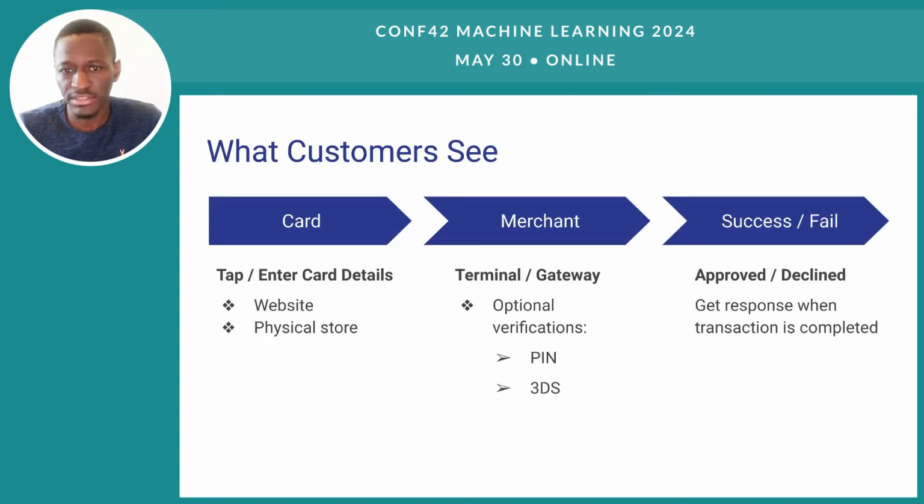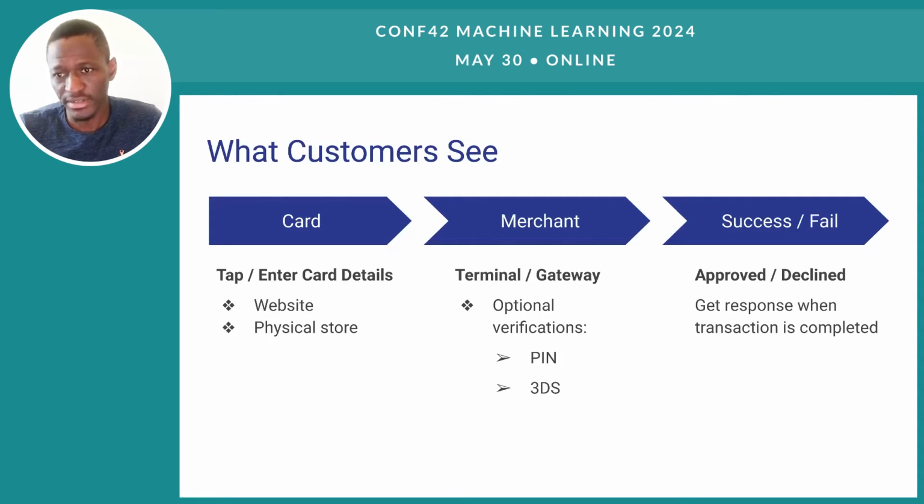After that, the next thing the customer sees is whether the transaction is approved or declined. You either see that on the POS terminal, or you are redirected to a success page on the merchant's web portal. And that's it. Payment done, as far as the customer is concerned.